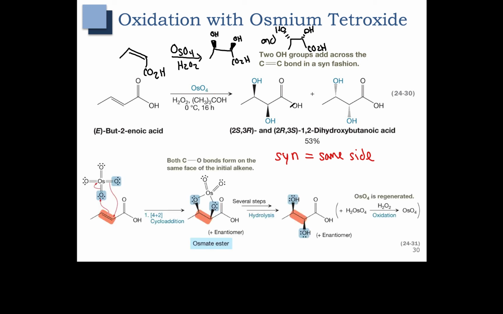Let's look a little bit more at the mechanism. You can see the mechanism here, where the pi electrons from the alkene, and I'll mark those in red, become this bond. Next, one of the osmium-oxygen bonds pushes electrons onto the osmium, so those become a lone pair on the osmium.